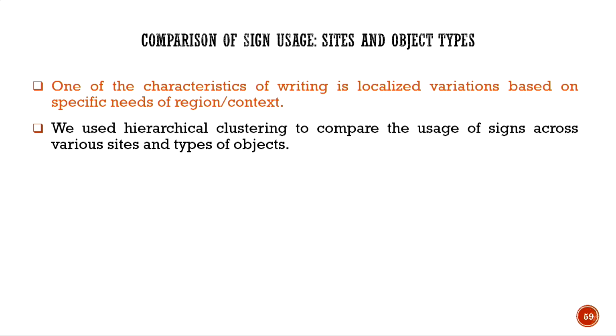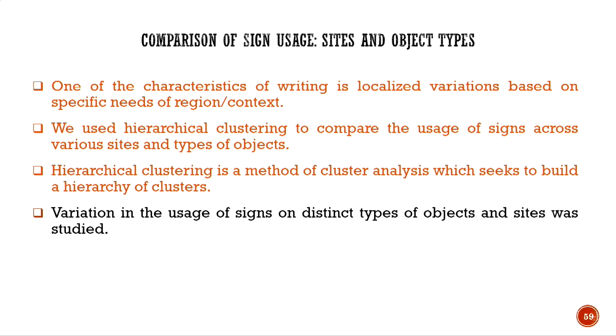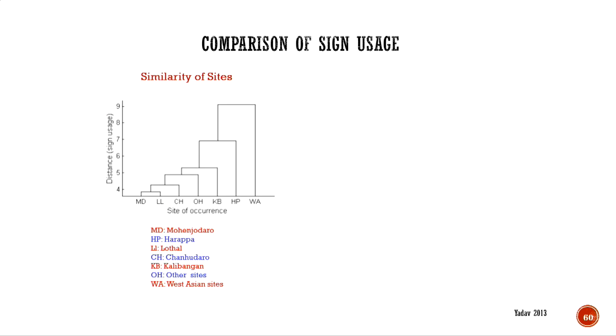So we use hierarchical clustering to compare the usage of signs across various object types as well as different sites. It is a method of cluster analysis, again an unsupervised machine learning technique, which seeks to build a hierarchy of clusters. Variation in the usage of signs on distinct types of objects and sites was studied, and these were the results.